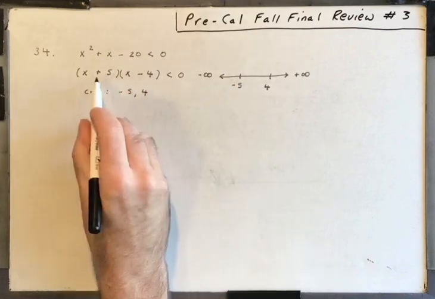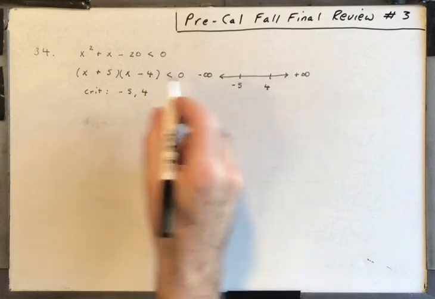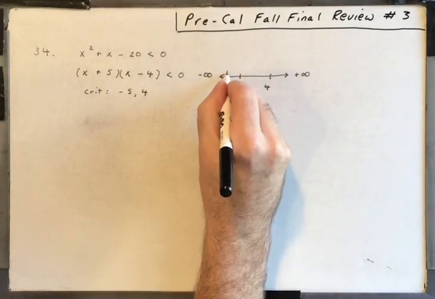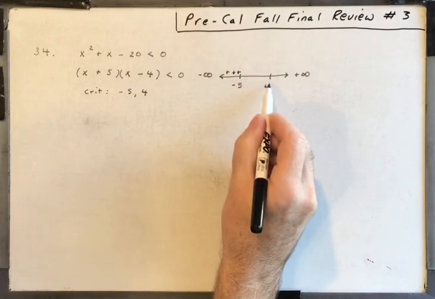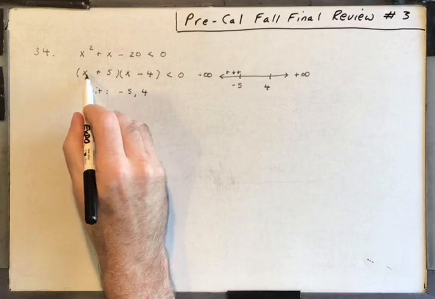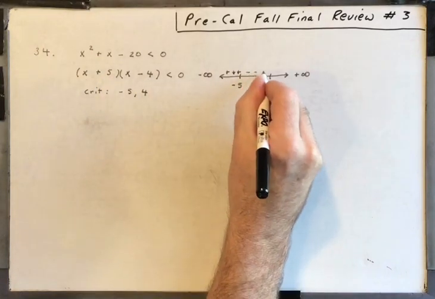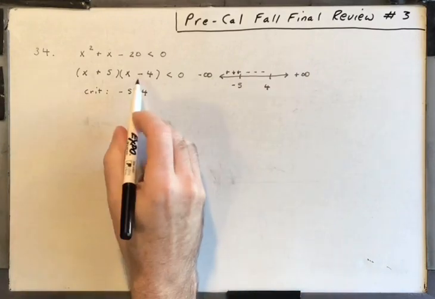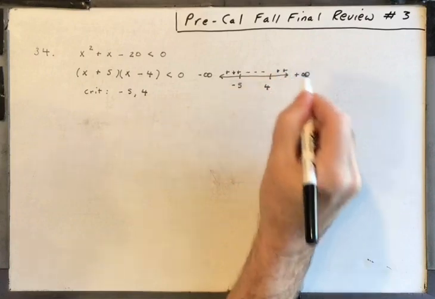Negative 10, that's going to be a negative, and this parenthesis would also be a negative. Negative times a negative is positive. A number in between negative 5 and 4, the best one is 0. If you plug 0 in for x, it'll be positive times a negative, which is negative. And for a number greater than 4, both would be positive, so positive times a positive would be positive.